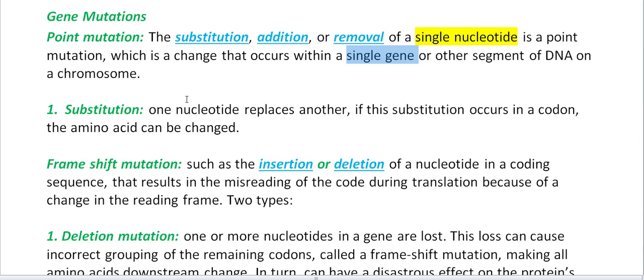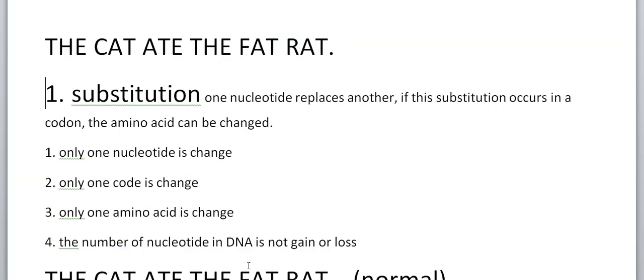One of the types of gene mutation, or point mutation, is substitution. See this sentence: the cat ate the fat rat.